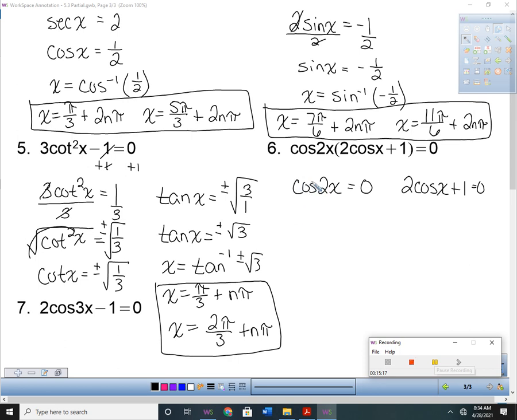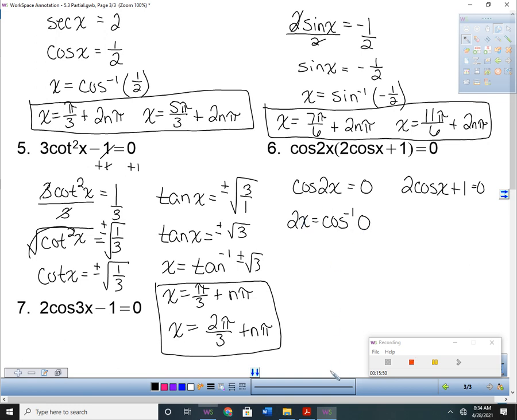And when I do the inverse, that's going to leave me with 2x. So I have 2x is equal to the cosine inverse of 0. So the first thing that I need to do is figure out what angles have a cosine value of 0. And then I'll end up taking care of this 2 right here.